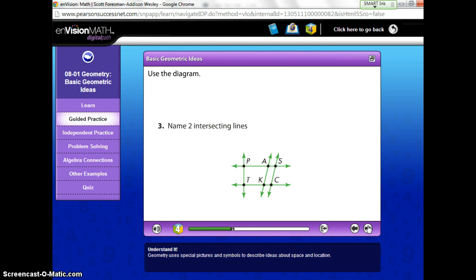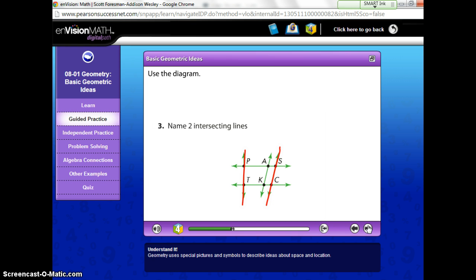New picture. Tell me 2 intersecting lines. They just need to intersect. Aiden? PT and SC. Those 2 lines don't intersect at all.